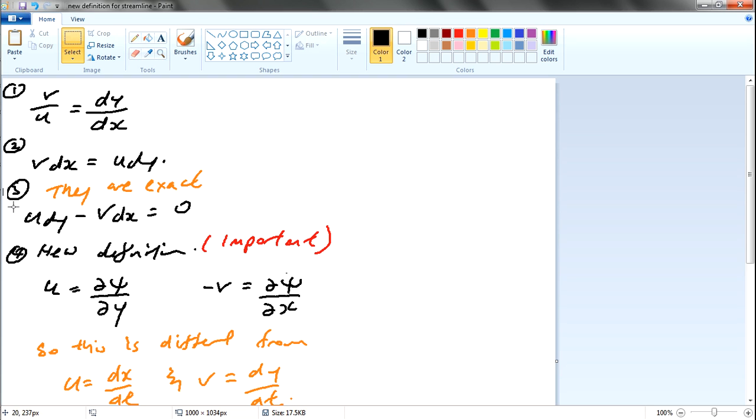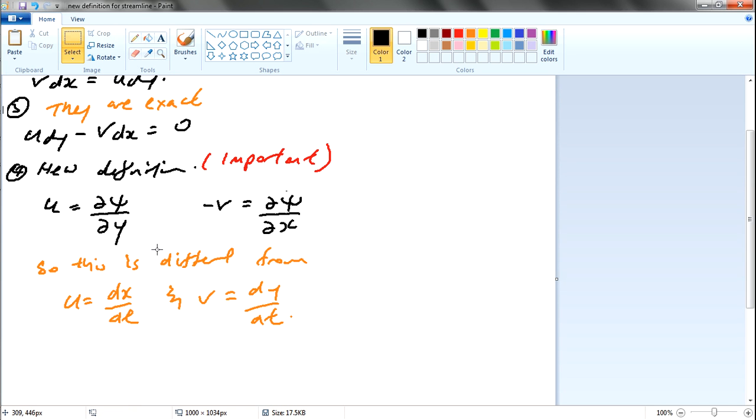If you look at this, do you find that it is an exact equation? Since u dx is equal to u dy, just bring this over, and it's actually an exact equation. So definitely u and v have some relationship, such that when you integrate, when you solve using an exact differential equation, you can eventually find things.